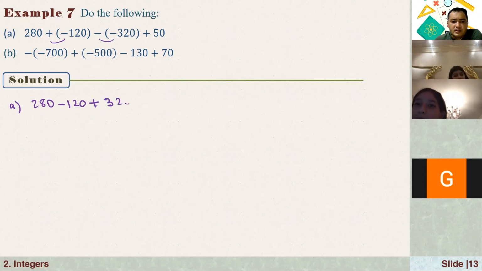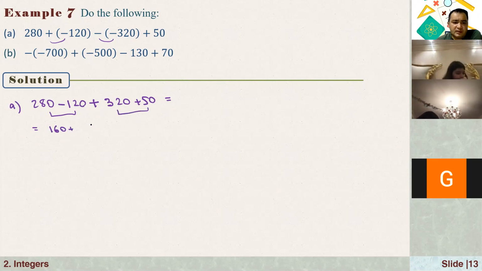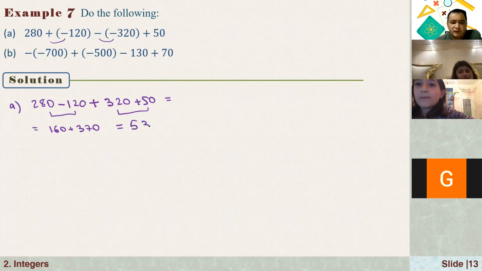So here we have 320. Now here we have 50. So that's equal to 280 minus 120. What is it? It is 160. And how about 320 plus 50? 370. So now 160 plus 370, 100 plus 300, it is 400. 60 plus 70, 130. So that's equal to 530, right?